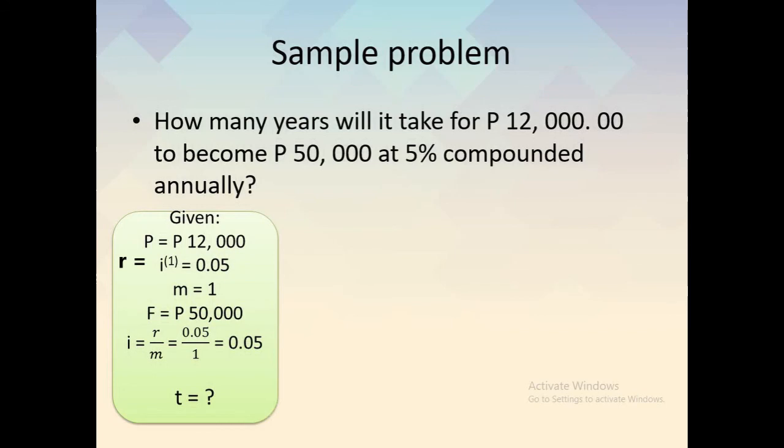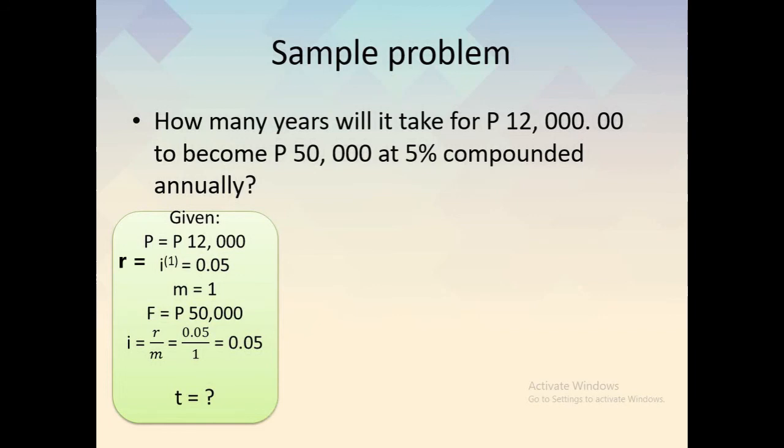That is 1 because it is annually or yearly. F, or the future value, is 50,000 pesos. So i is equal to r over m, the rate over m, which is equal to 0.05 over 1, which is equal to 0.05. So we are now going to find the time.